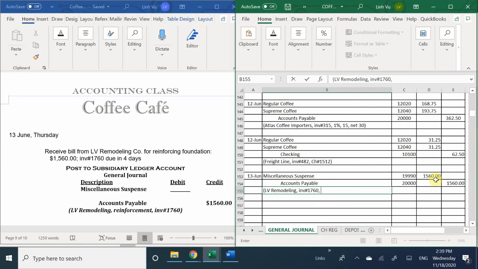Then you can add any details, like when it is due. It's due net 4. And other things you can also indicate here is foundation. Foundation for grinder. All right. And there, my journal is now complete.